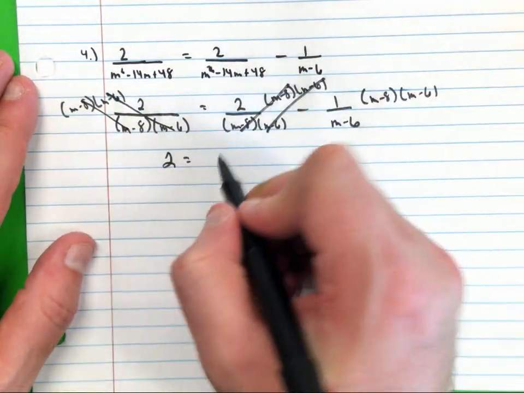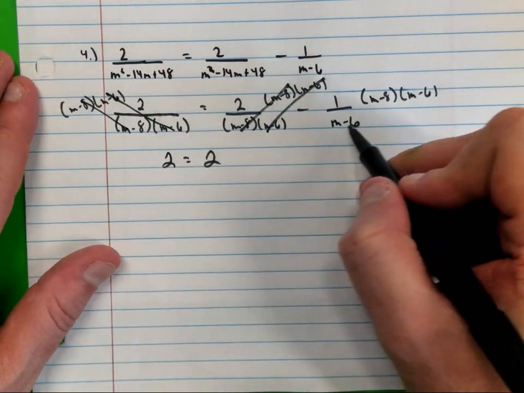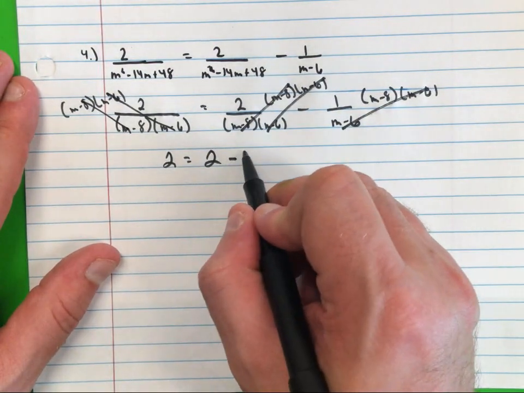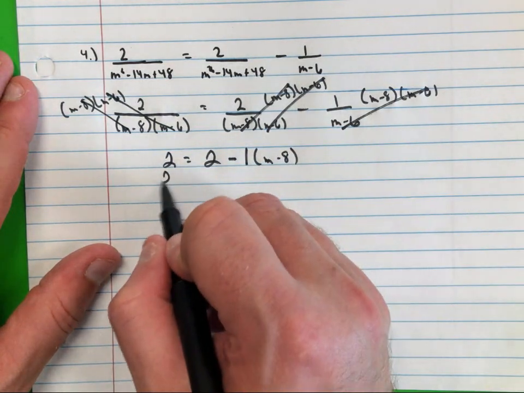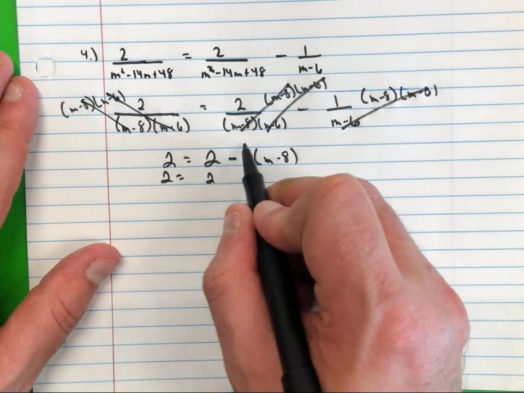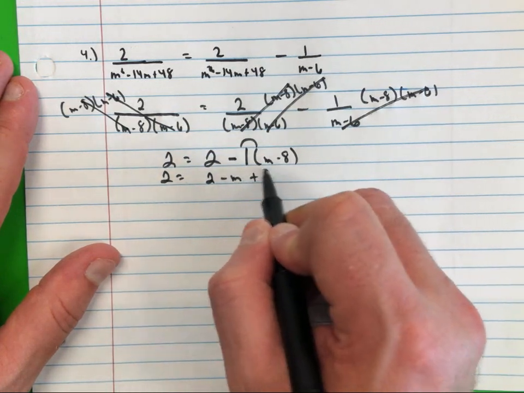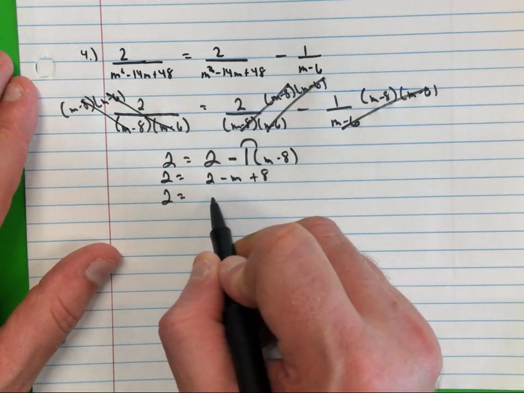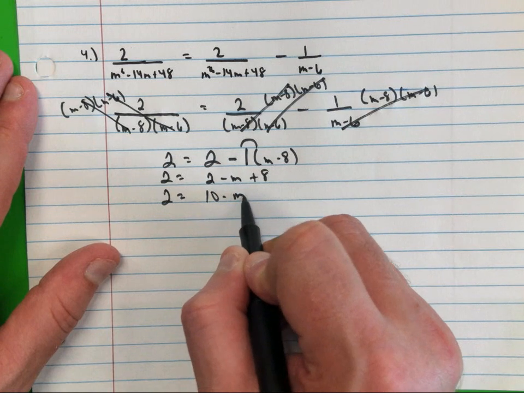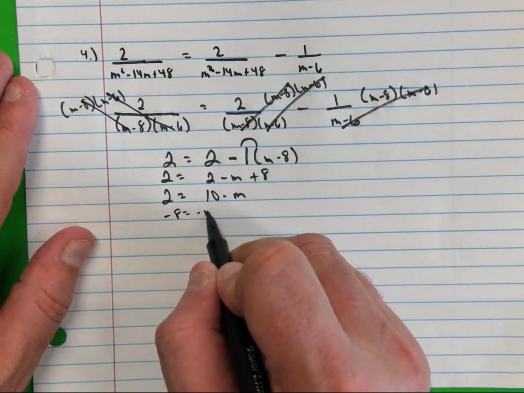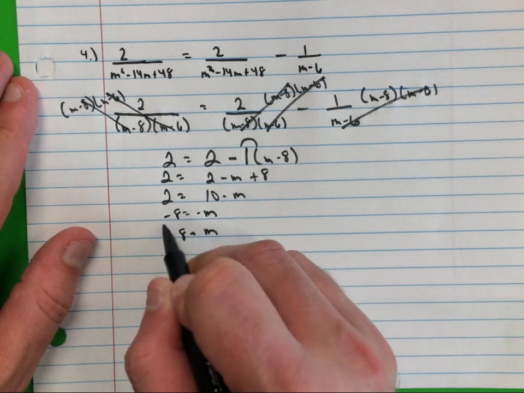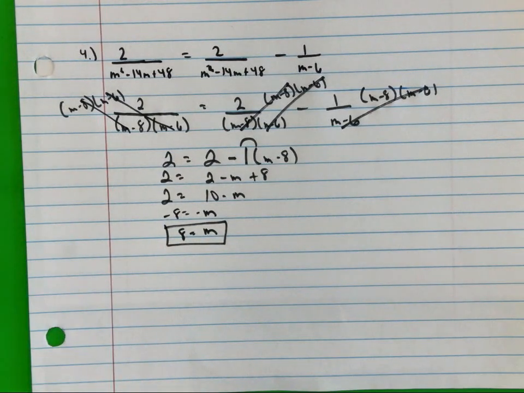And minus, don't forget that minus 1 times m minus 8. So 2 equals 2, distribute, minus m plus 8. 2 equals 10 minus m. You get an answer of 8.